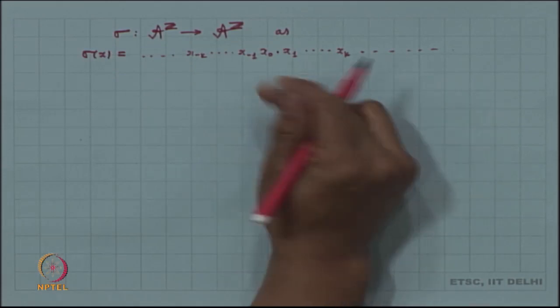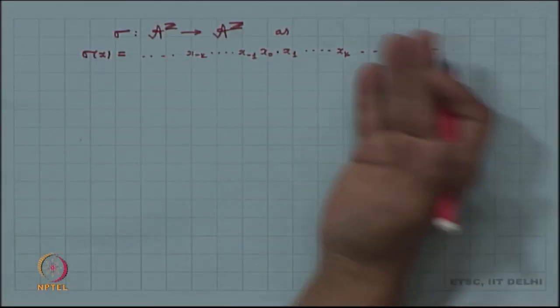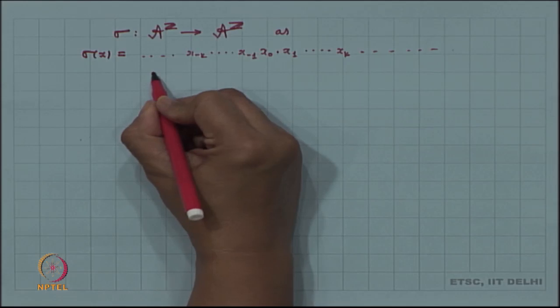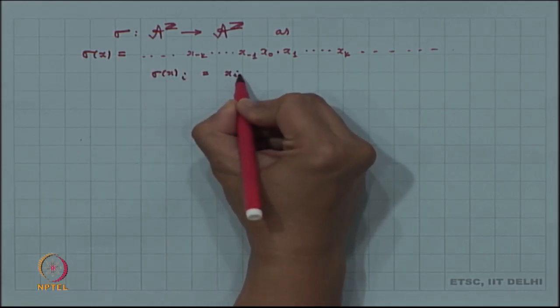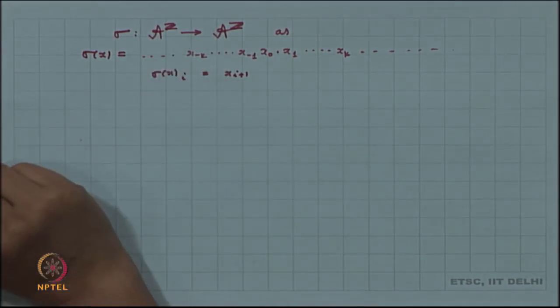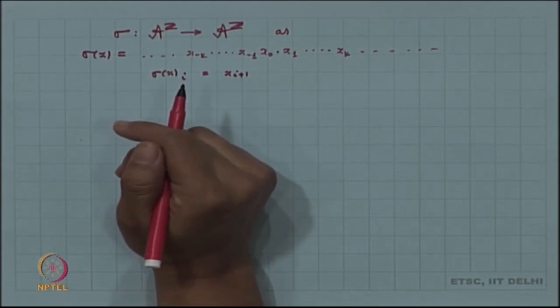That means we are taking this dot one step towards the right side, or we are bringing the sequence towards the left side. So, this is our sigma x, which we can define as sigma x at i is x_{i+1}.